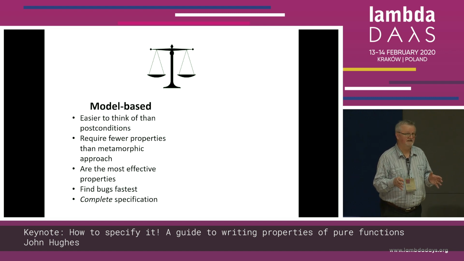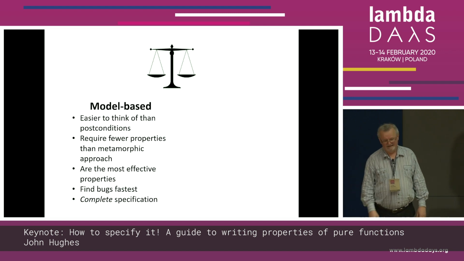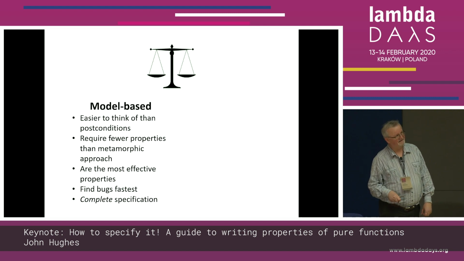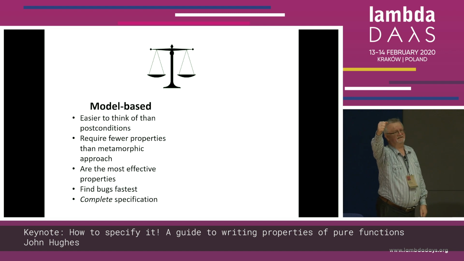You write less property code. That's good. You only need 1 property per operation. They're the most effective at finding bugs, and they find the bugs fastest. And this has to do with the fact that model-based properties form a complete specification of the code. So, yay for model-based properties. Why did I talk about any others?